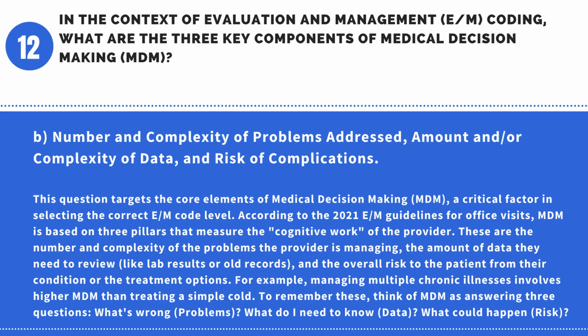For example, managing multiple chronic illnesses involves higher MDM than treating a simple cold. To remember these, think of MDM as answering three questions: what's wrong? Problems. What do I need to know? Data. What could happen? Risk.